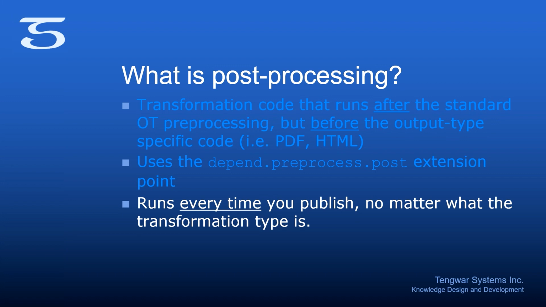I have tripped over this a couple of times, forgetting that this runs every time, no matter what your target output type is, your trans type. That's tripped me up with a couple of things I didn't expect, so that has to be kept in mind.